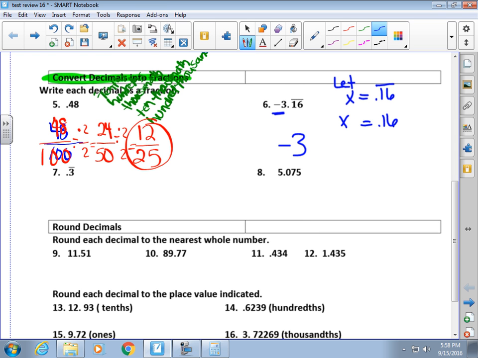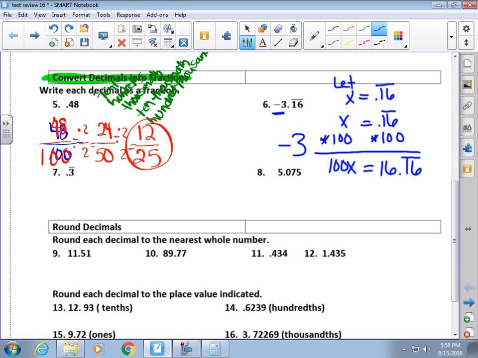Since the number that's repeating goes to the hundredths place, I'm going to multiply each side by 100. I forgot to put the repeating sign over there. x times 100 is 100x. 0.16 repeating times 100 is 16.16 repeating.